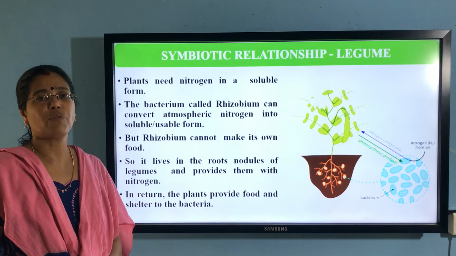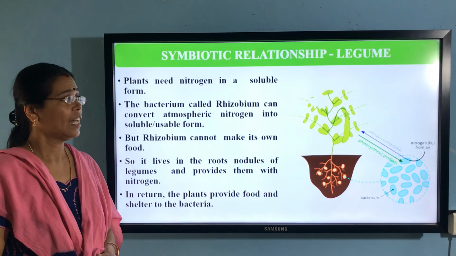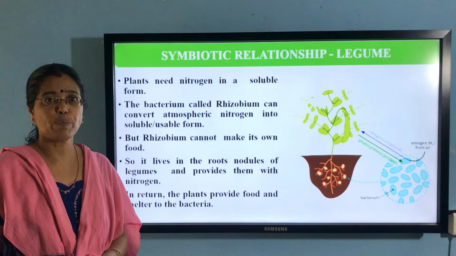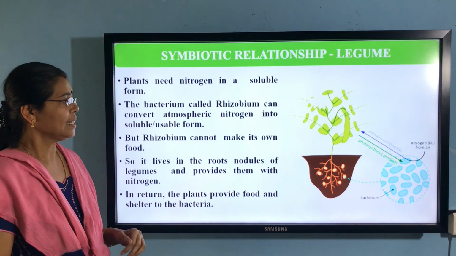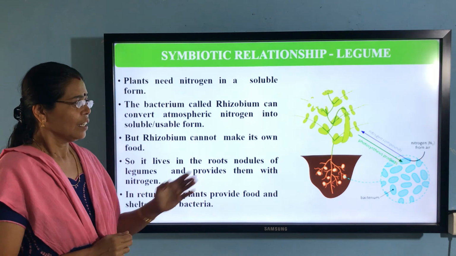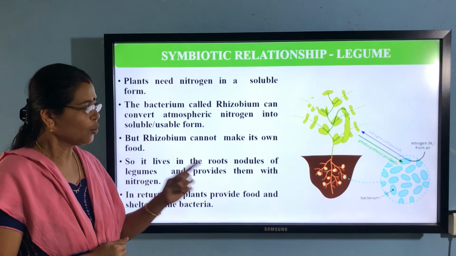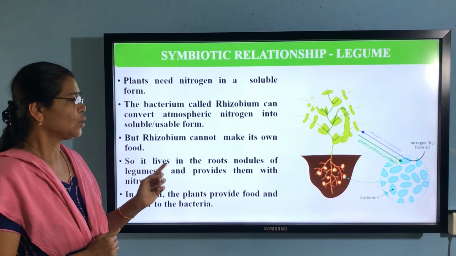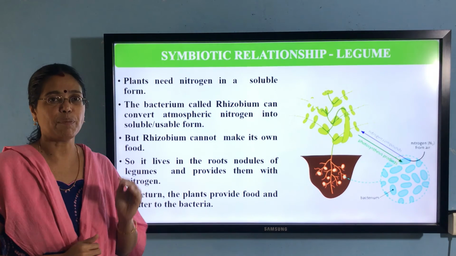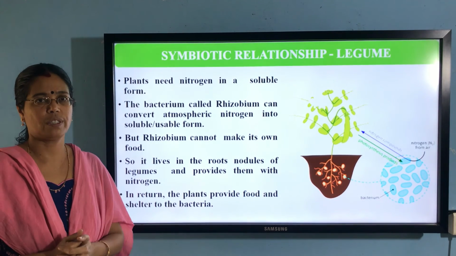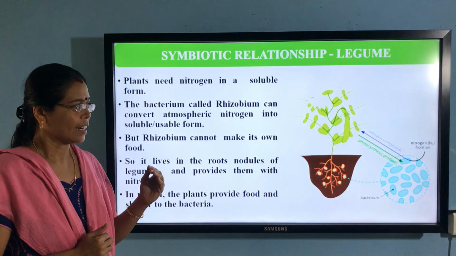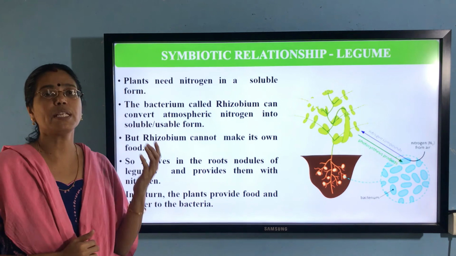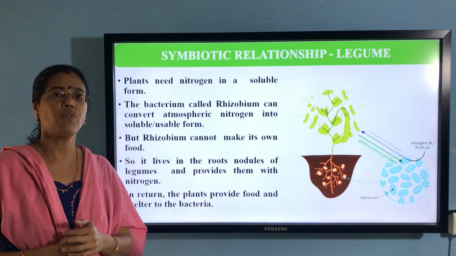The next example for symbiotic relationship is leguminous plant and rhizobium bacteria. In this leguminous plant, root nodules are present. In the root nodules, rhizobium bacteria will be there. This rhizobium bacteria cannot synthesize their own food. This rhizobium bacteria is able to fix the atmospheric nitrogen in usable form.